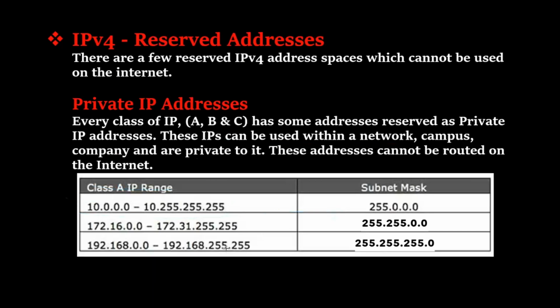First thing: if you want class A, only 10 you can use, 11 you can't use. If you put an 11 IP address in your system, it will work normally in your LAN. But when you connect to the internet, that 11 will not work. You will not be able to access the internet with that 11. That is why, suppose we are using a cloud VM with address 10.32 something.